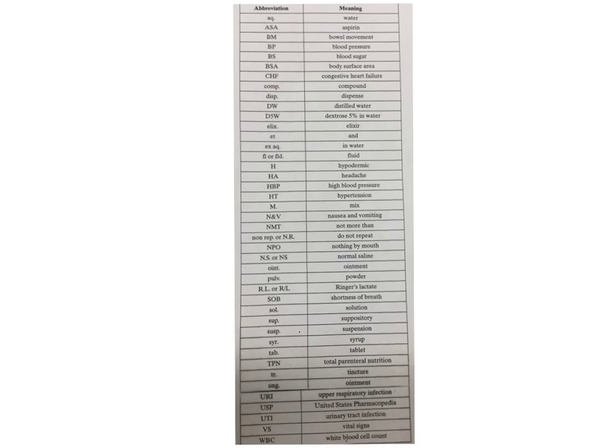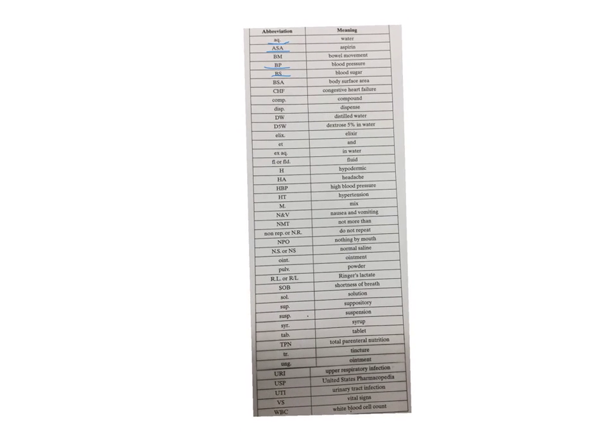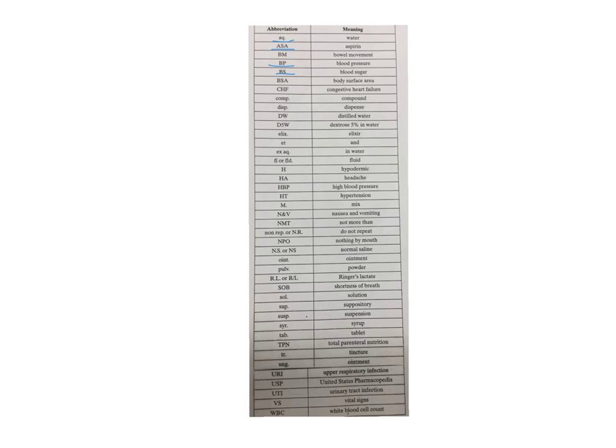And then other commonly used medical abbreviations: AQ for water, ASA, you should know, is aspirin, BP for blood pressure, BS for blood sugar if you're dealing with someone who's diabetic. And yeah, the other items on here like sol for solution, you don't come across as much.